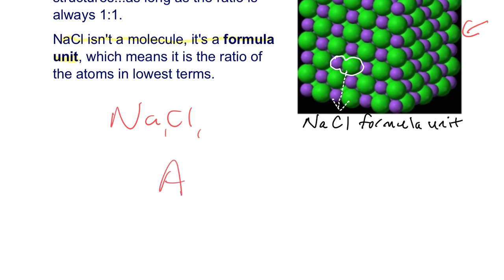If it was Al2O3, the ratio of aluminum to oxygen would be 2:3. So you'd have 2 aluminum balls for every 3 oxygen balls in the salt crystal of aluminum oxide. But the crystal can be as big or as small as you want it to be.